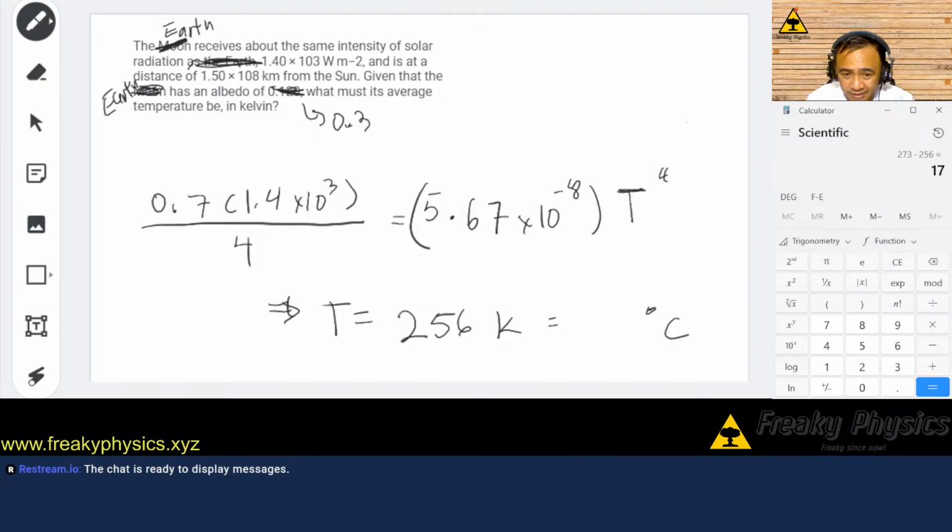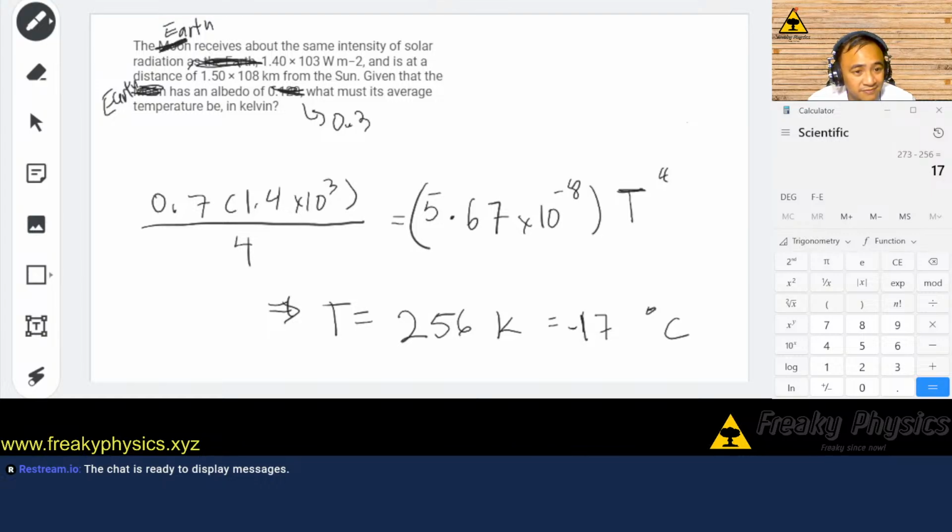All right. So again, it should be colder because it reflects more light. Let's take a look. How many degrees Celsius is that? That's negative 17. Oh, hold on. Did I do it right?